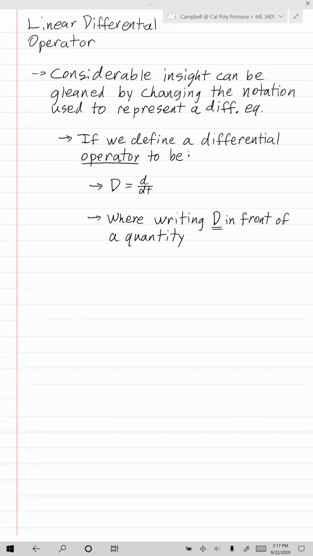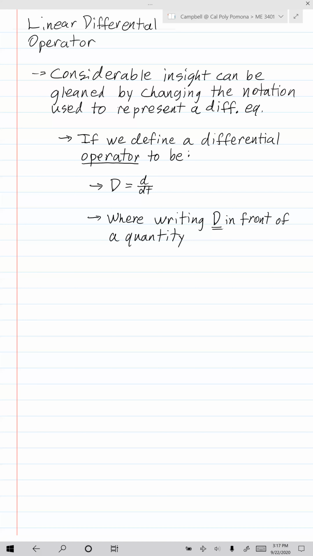So it's not multiplication. Well, even though multiplication is an operation, it is not the multiplicative operation. It is taking the derivative of something. And also, that means that D itself, since it's an operator, can't take on a particular value.